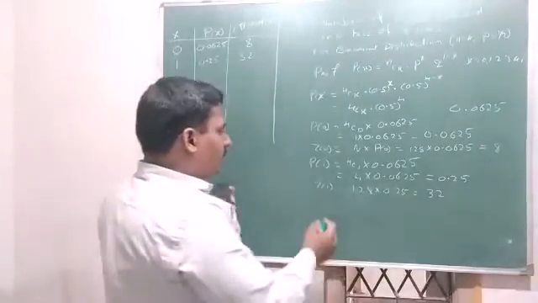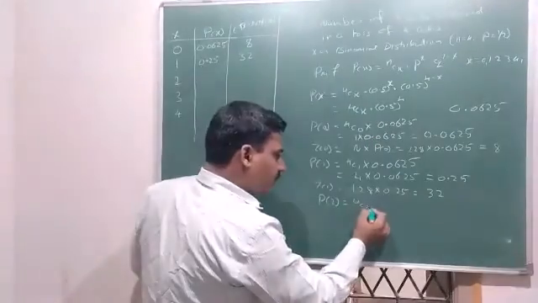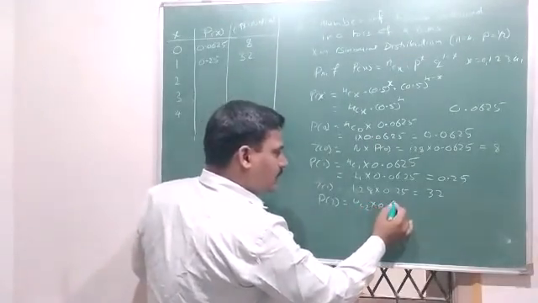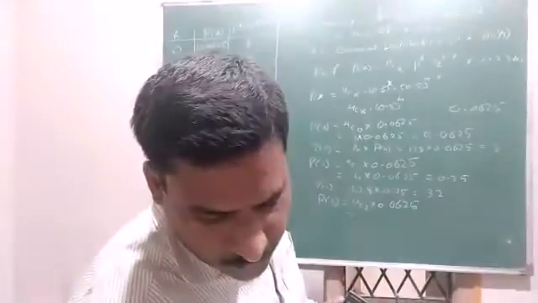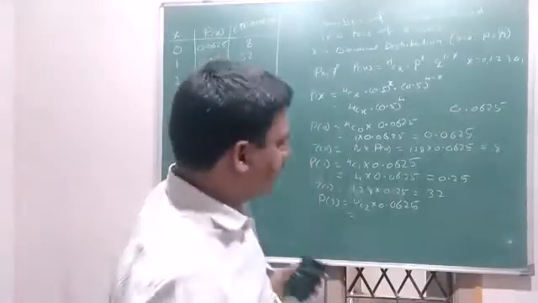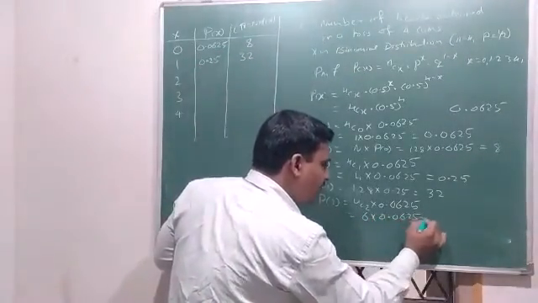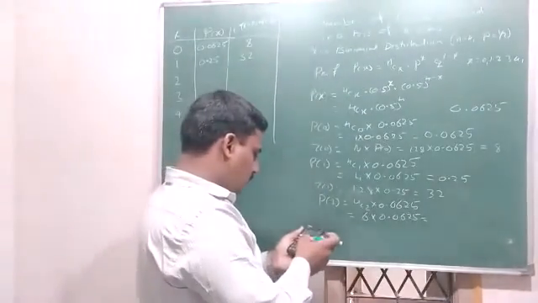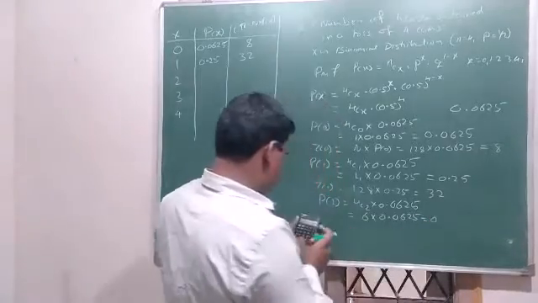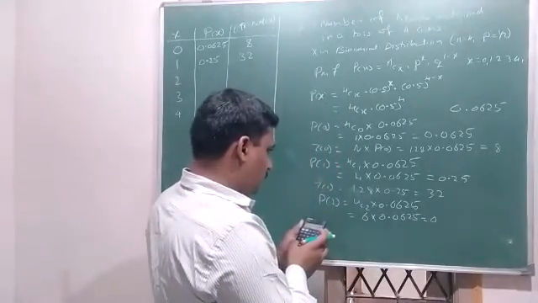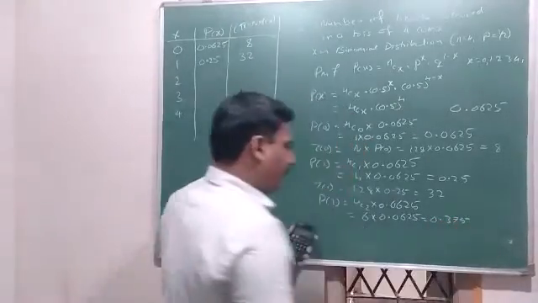Next, P of 2 is equal to 4C2 into 0.0625. 4C2 is 6, so 6 into 0.0625 is 0.375.